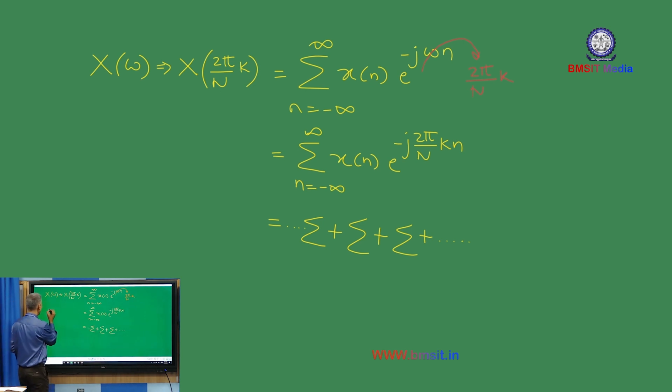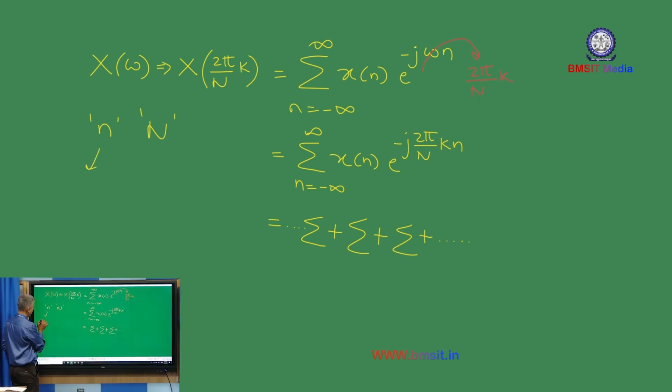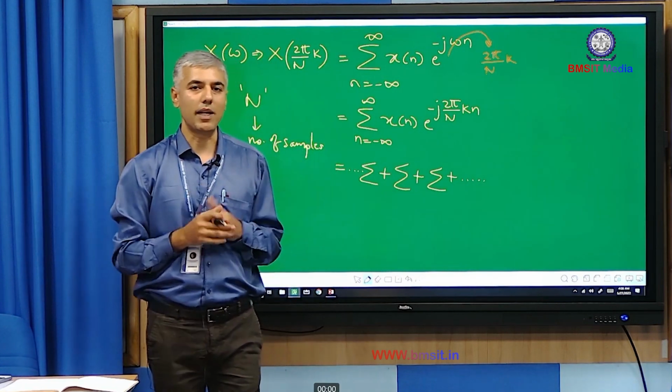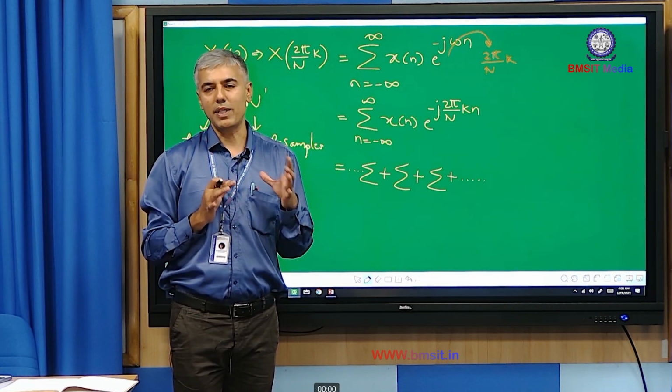So there are two N's over here. This is the small n, and there is this capital N. The small n represents the time, and the capital N represents the number of samples. So you must be very careful while using these nomenclature and terminologies. The small case n is obviously the time.